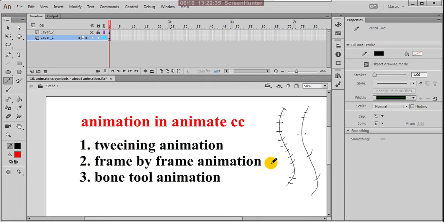So the meaning is that the two paths are showing differently. Here the action will be slower because the frames are connected closely, and here it is a bit faster than this one, because we are maintaining more gaps.